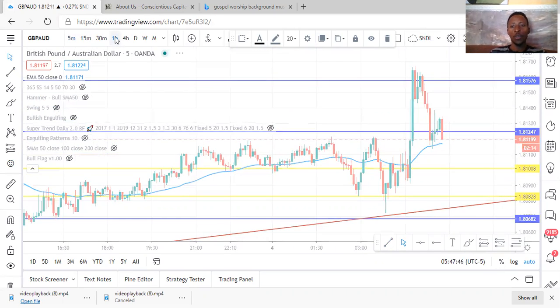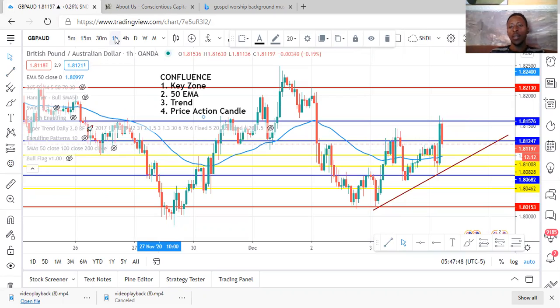The current trend is an uptrend, as you can see clearly suggested by our trend line. Our trend line has given us the direction of the market, which is that we are on an uptrend currently. And this is one confirmation.